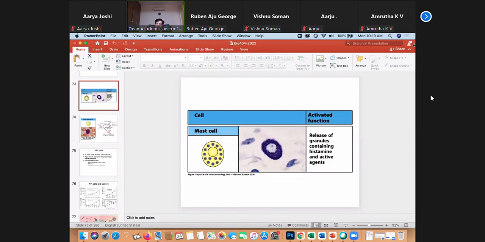They carry preformed granules containing histamines and other active agents like prostaglandins and so on. When these are released, they act on your blood vessels and cause constriction of blood vessels, and then all these things come into the picture.